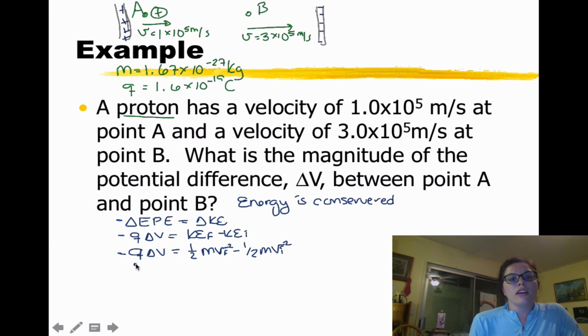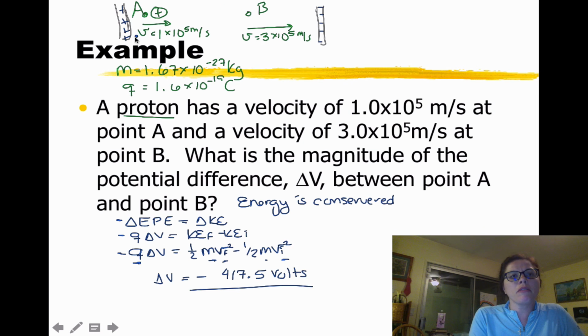Now we know the charge, the mass of the proton, the final velocity, and the initial velocity. So you plug and chug, put in all the numbers, and you get negative 417.5 volts.